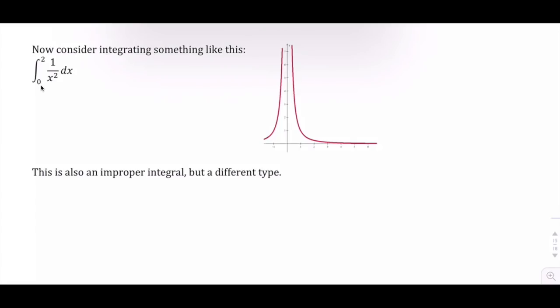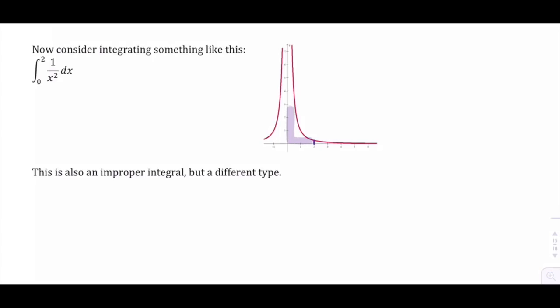So now we have to think a little bit harder when we're looking at an integral and determine if the function given is defined at every value between 0 and 2, including the endpoints. If we look at the graph over here, we see that what they're asking us to do is to find the area under the curve between 0 and 2.